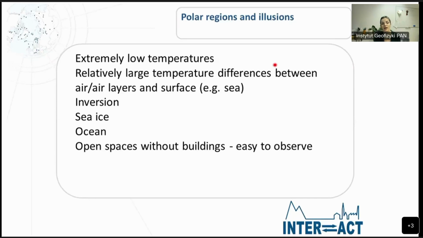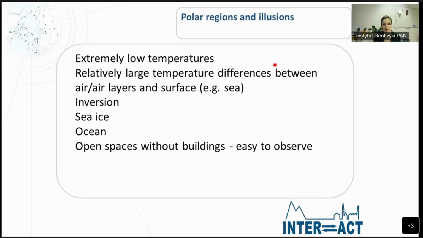So the sea ice is reflecting the sunlight, so it has a very high albedo, and what is more important, there is a difference between this albedo of sea ice and the surrounding seawater surface.